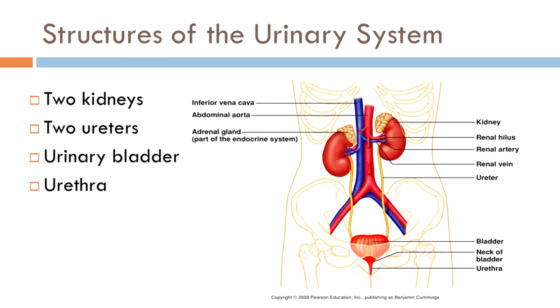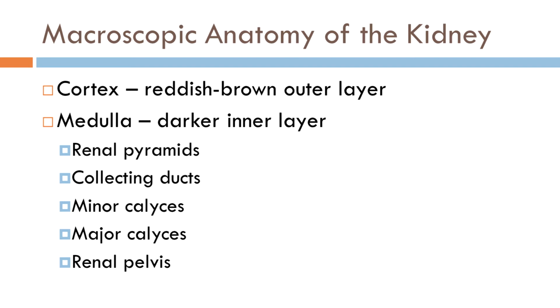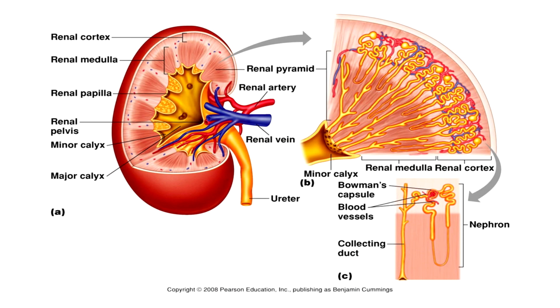If we look at the macroscopic anatomy, we have a number of structures here that you studied in anatomy, and I'm not going to go over them in a major way. You can just review those, and if you don't remember what these things are, just look at them and identify them.